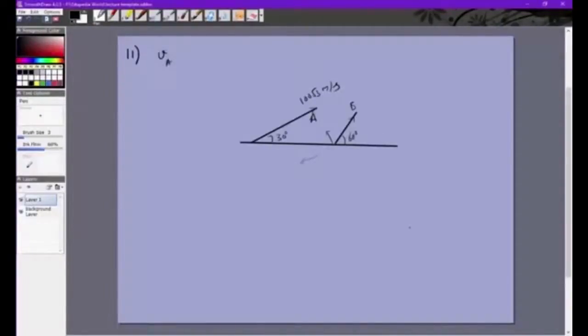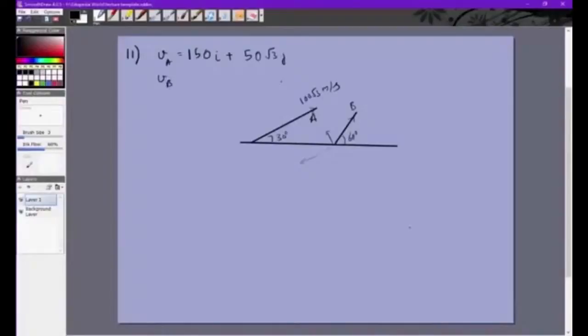Velocity of A will be V cos 30 i cap, that is 100 root 3 into root 3 by 2, that is 150 i cap, plus 100 root 3 into 1 by 2, that is 50 root 3 j cap.